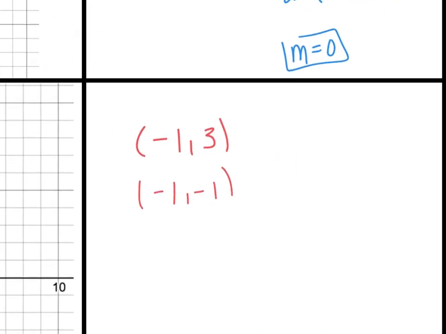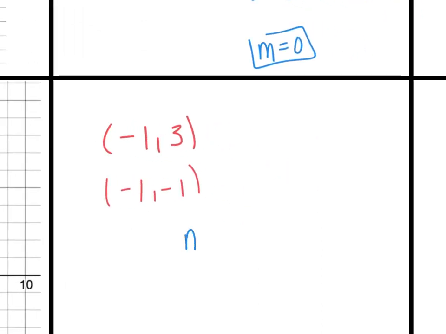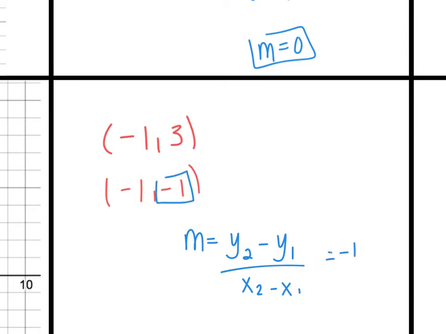My slope formula, again, is y2 minus y1 over x2 minus x1. My second y value is a -1. My first y value is a 3, so I'm going to take away a 3. My second x value is a -1. My first x value is a -1.